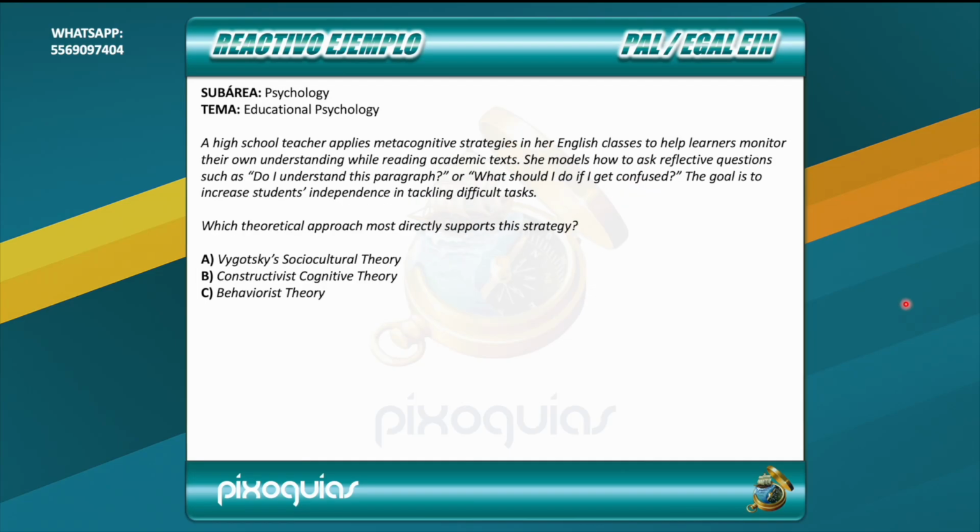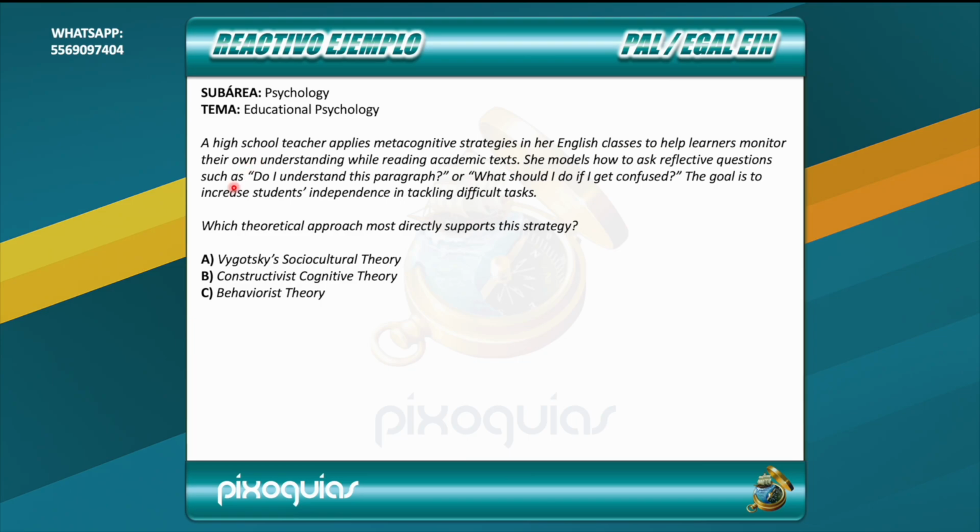Now, let's check this exercise from the sub-area Psychology with the topic Educational Psychology. A high school teacher applies metacognitive strategies in her English classes to help learners monitor their own understanding while reading academic texts. She models how to ask reflective questions such as, "Do I understand this paragraph?" or "What should I do if I get confused?"